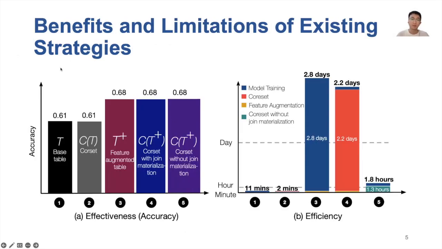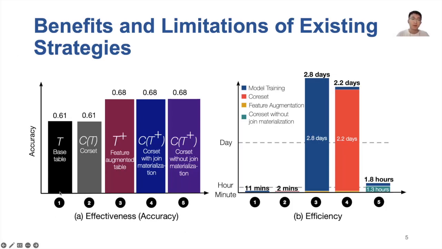Before we discuss the problem we studied in the paper, let's analyze the benefits and limitations of the aforementioned strategies using real experiments. The first choice is training with the base table. If we train a machine learning model using the base table T for a multi-classification task, the accuracy is relatively low, and it uses 11 minutes for training.